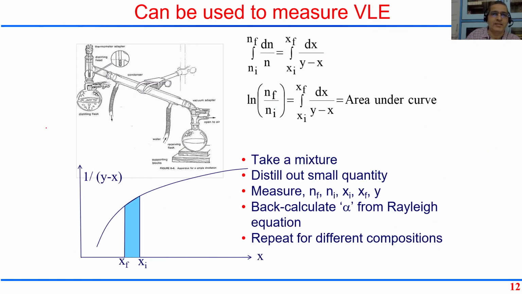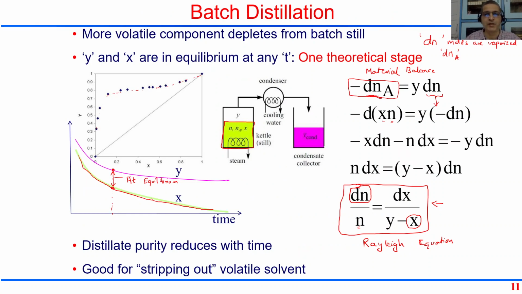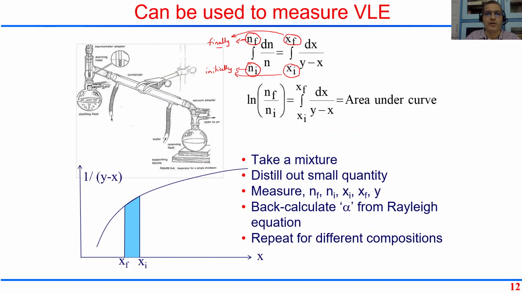Say I had Ni moles initially in the still, and we are finally distilling out some moles, and finally we are left with Nf moles, and the initial mole fraction of the more volatile component in the liquid phase was xi, and the final mole fraction of the more volatile component in the liquid phase is xf, then using this differential equation, using this Rayleigh equation, we can now do the integral form, and we can relate one with the other.